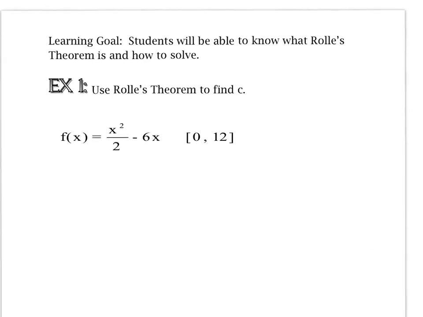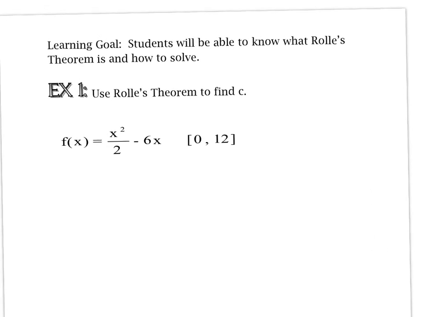All right, so first let's check and see if it's a Rolle's theorem problem. I mean, if they say use Rolle's theorem, it pretty much is, but I want to show you how we could check that. To check that, you have your a and your b, and you plug them both in. So let's plug in 0 and see if we get 0. Well, this would be 0 squared over 2 minus 6 times 0.